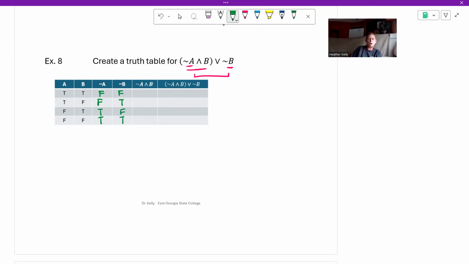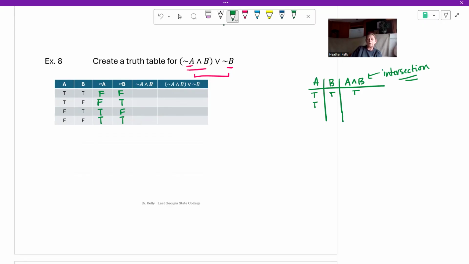And now let's put not A and B together. A and B means the intersection, right? If we have true, true, it's true in the intersection.